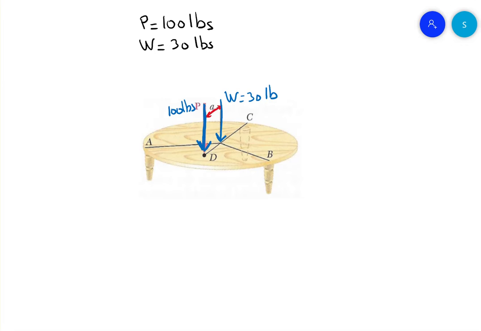We also know the diameter of the table. That's 4 feet. If we complete this free body diagram, and if you look at the table, we have 3 feet. So we have NA, remember we can slide the force, NB, and NC.